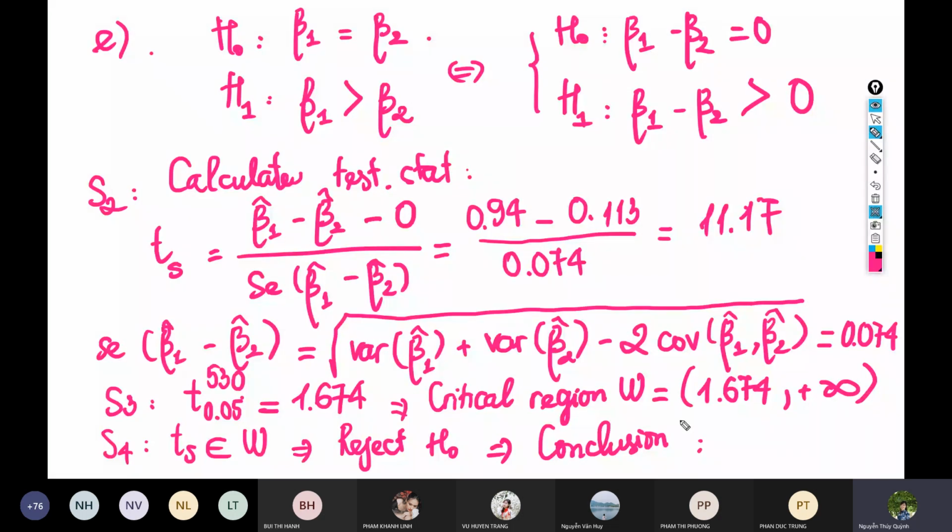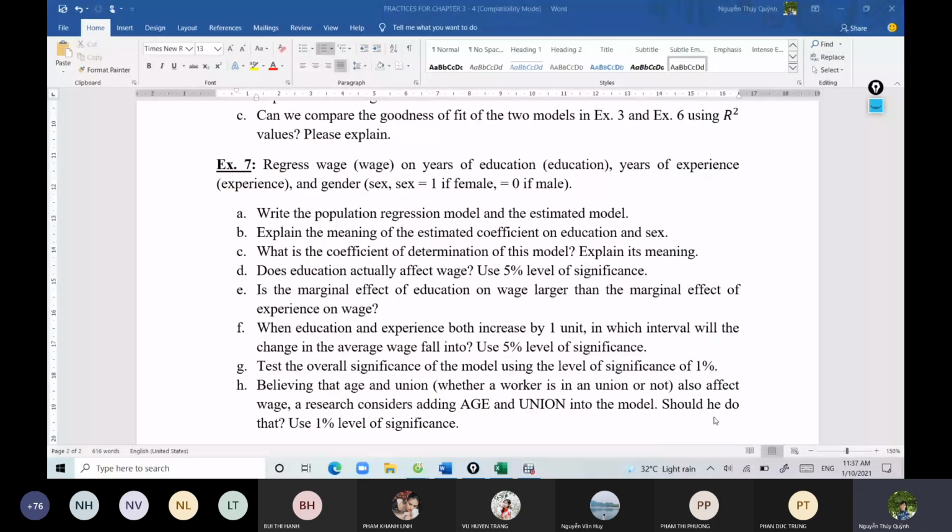Now for question F: when education and experience both increase by 1 unit, in which interval will the change in the average wage fall, using the 5% level of significance? What do we have to do here?